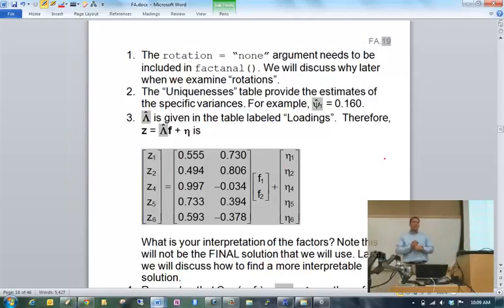Now remember the important role that these lambdas play. They allow you to interpret what these common factors are actually representing. So common factor 1, notice how you would just be looking at this first column when you would do the matrix algebra. And notice all these lambda hats are not close to 0.